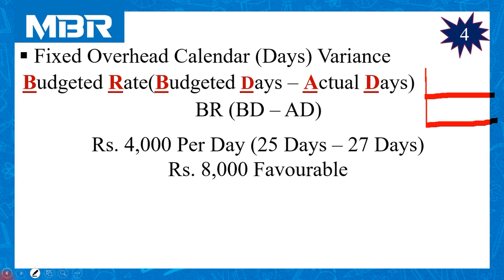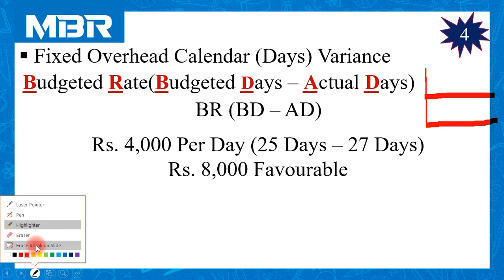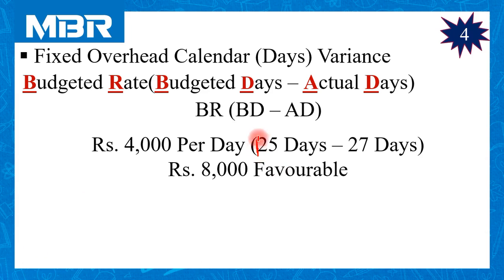So here we need to interpret these things very properly. We have decided to get the work of 25 days, but we have actually received work of 27 days from the employee without paying any additional expenditure, because the salary is decided per month, and when the salary is decided per month, how many days they are working in a month does not matter so much. So here we need to think very carefully.